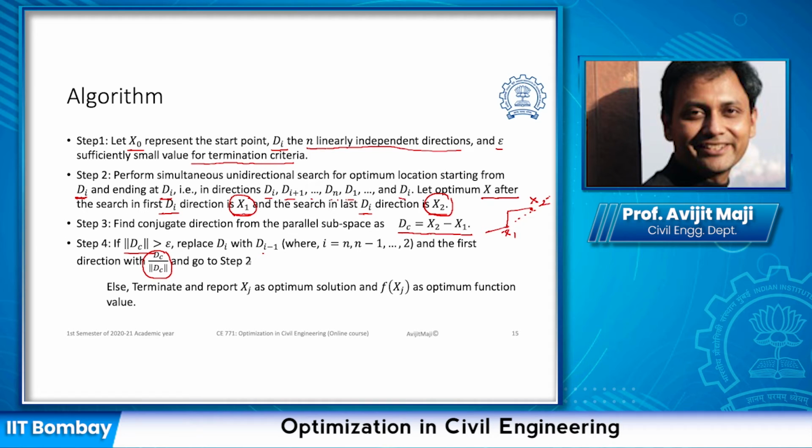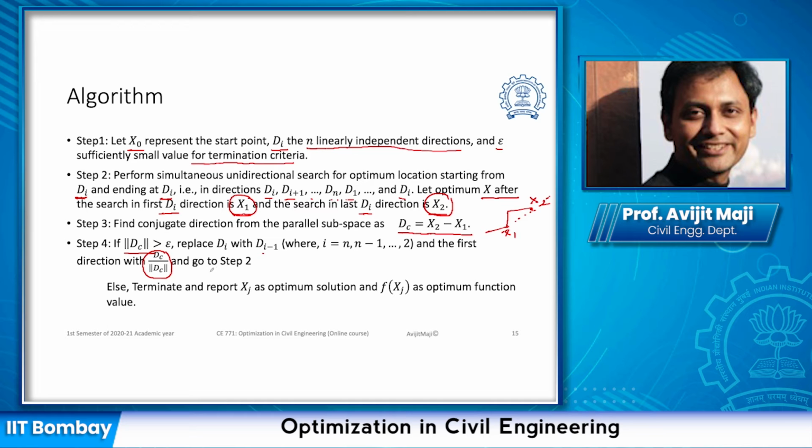Once we do that, we go to step 2, and in this process it is clear that of the directions we originally used to develop the parallel subspace, one has been replaced with a conjugate direction.